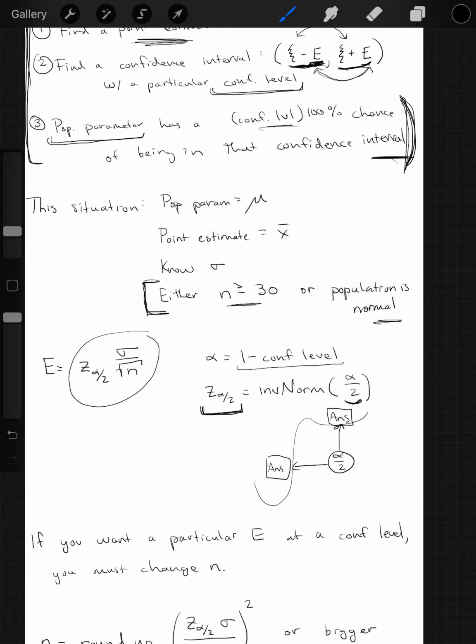And we find Z alpha over 2 in 3 different ways, right? One, you can plug it into your calculator, the inverse norm that we've talked about before, and you put alpha over 2 in there. The other is you can find alpha over 2 in the center of the standard normal table, and then you look to the outer side to get your Z score, and that answer is your Z sub alpha over 2.